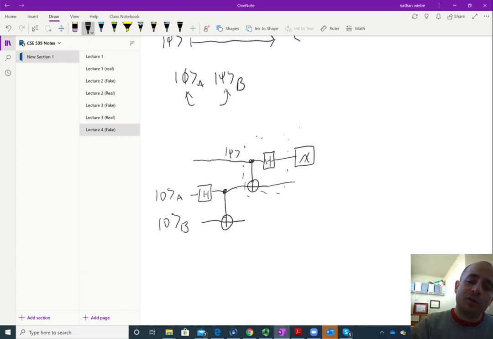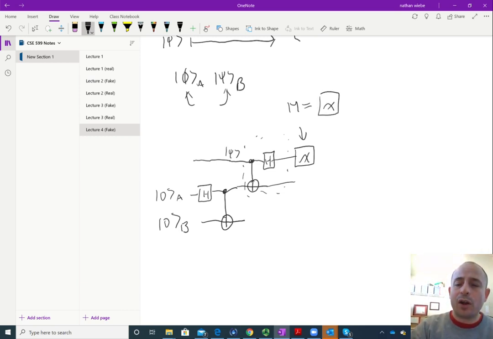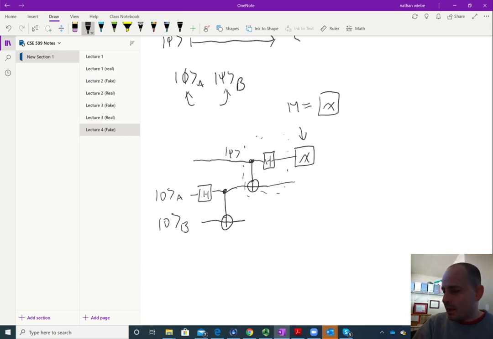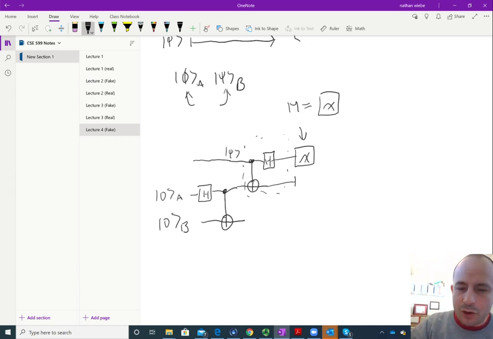Now, I previously described this operation with an M. In circuit language, it's often drawn as a meter of that form. Then she measures her other quantum bit down here, and she classically sends the measurement outcome to Bob.